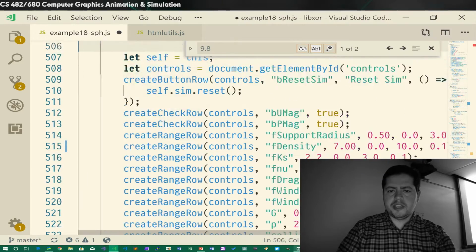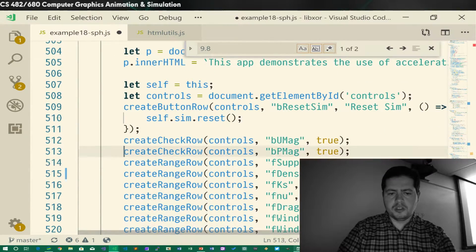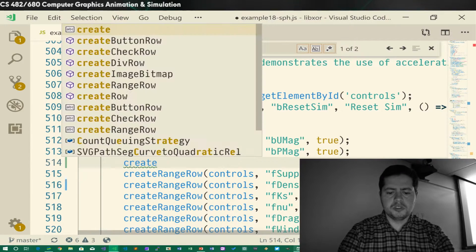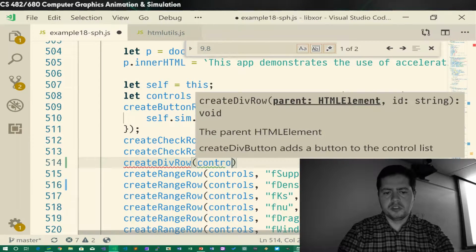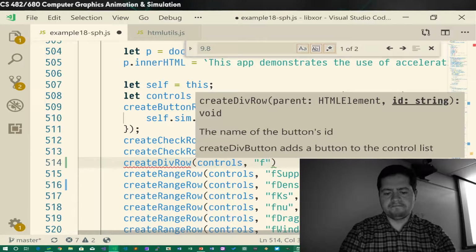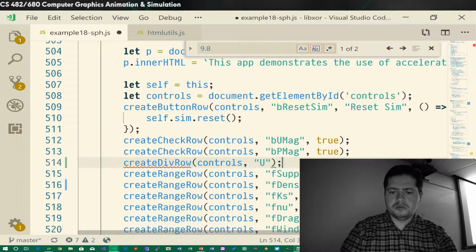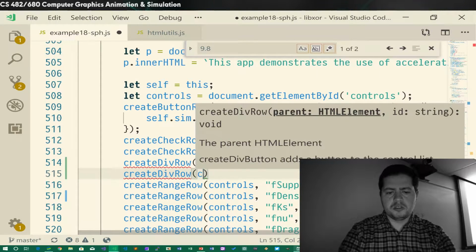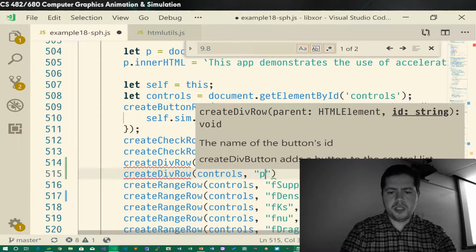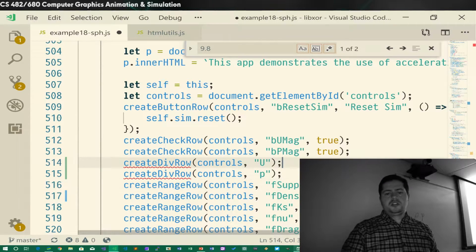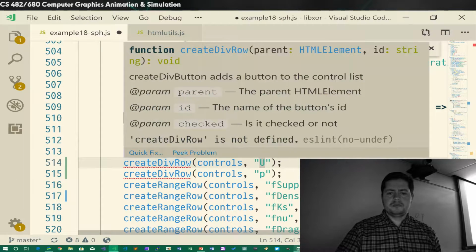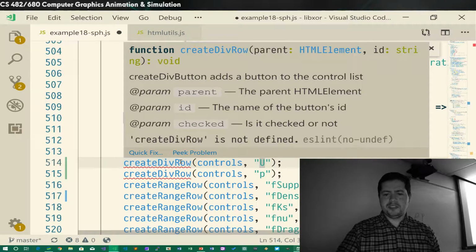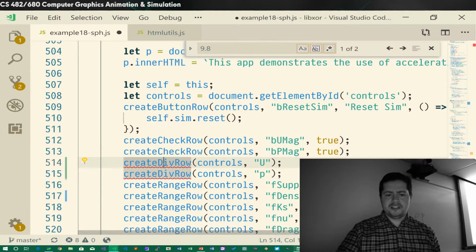Let's add it to the top controls. We'll call this U and P. Those look like terrible names for variables. They won't come back to haunt us later. Probably. Except to keep us up at night.